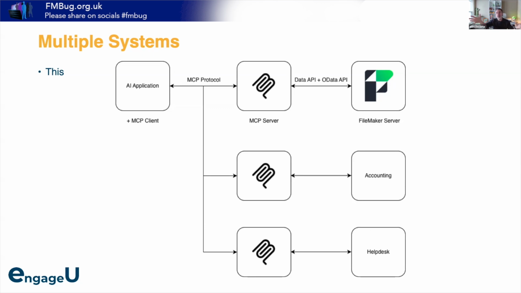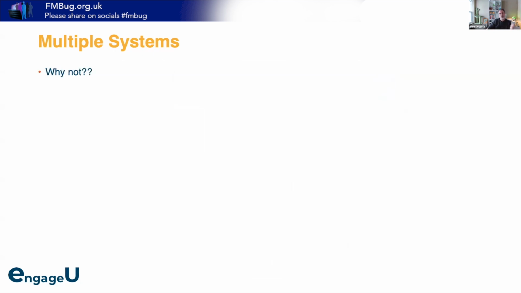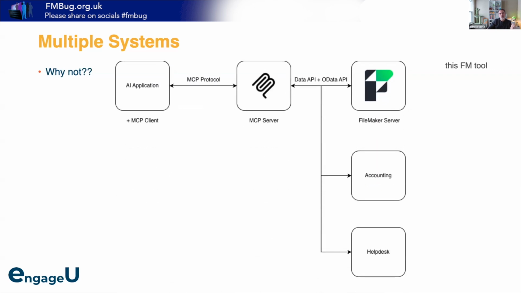So if you can give it data from different systems, now we can find patterns across data from different systems, right? That's the kind of stuff that we could probably script in FileMaker if we really had to, but AI models are really so good at that, right? So that's the kind of stuff that we want to give to AI applications. And the more systems we can expose to it, the better that'll go.